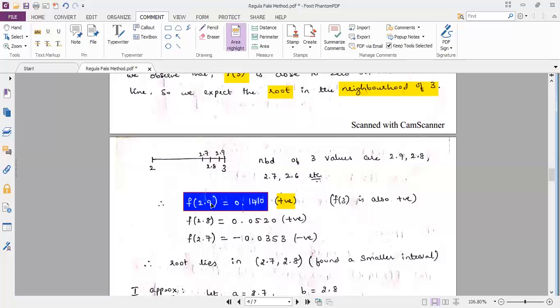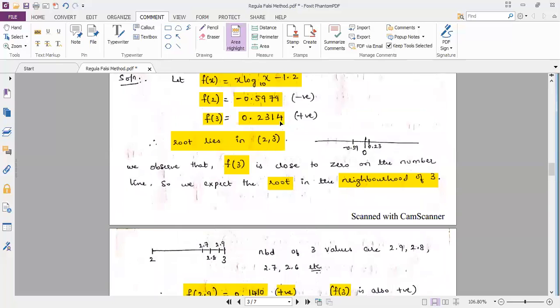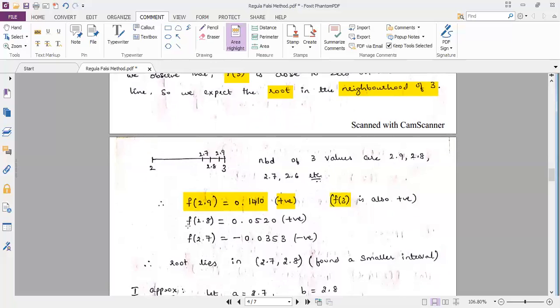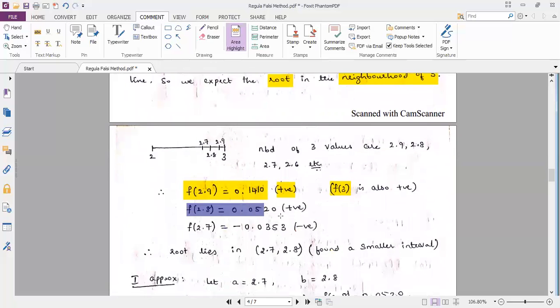F of 2.9 is positive, and we also observe that f of 3 is also a positive value. So we proceed further to find out f of 2.8, again a positive value, and f of 2.7, which is minus 0.0353, a negative value.